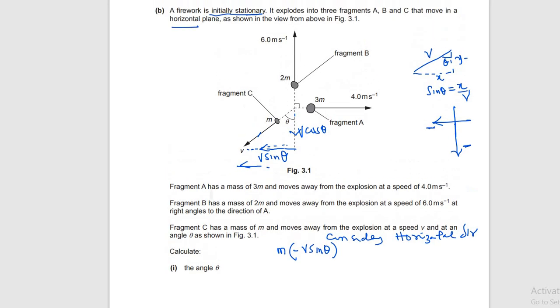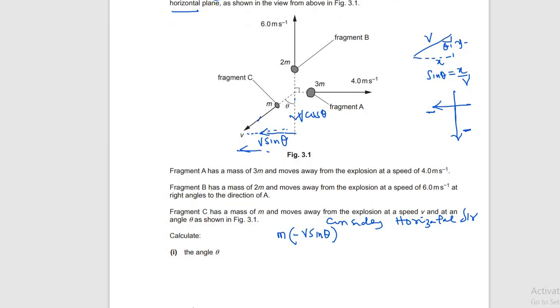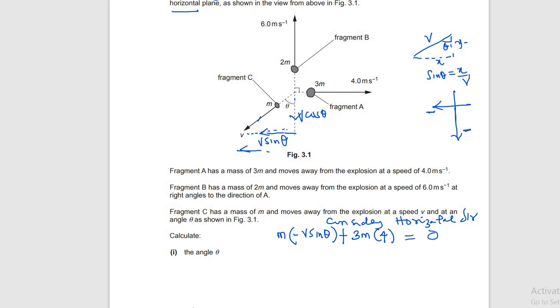Which other one is a horizontal direction? Okay, we check 3m. Fragment A is also horizontal direction toward the right. That will be positive. Mass times velocity. The mass is 3m. The velocity is 4. This is the total momentum after collision in horizontal direction. Before collision is 0. Why?